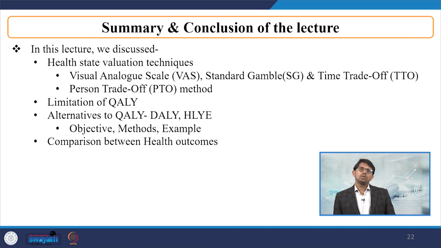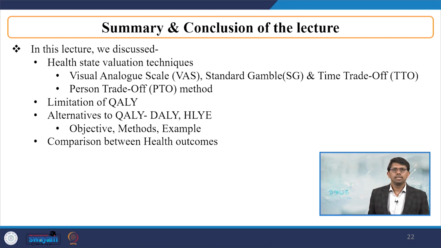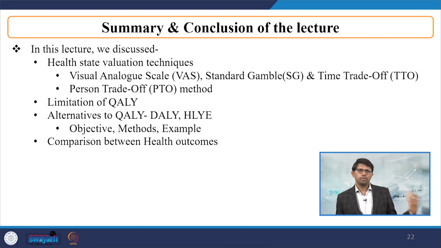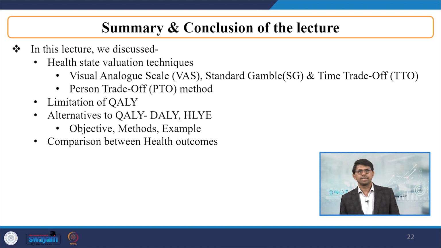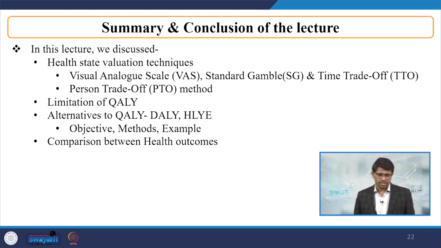So, in short, what is important in this lecture, and the previous lecture also, we discussed QALY, and here we discussed health state valuation techniques such as the VAS, the standard gamble, and TTO, as well as PTO, linking with the social values.